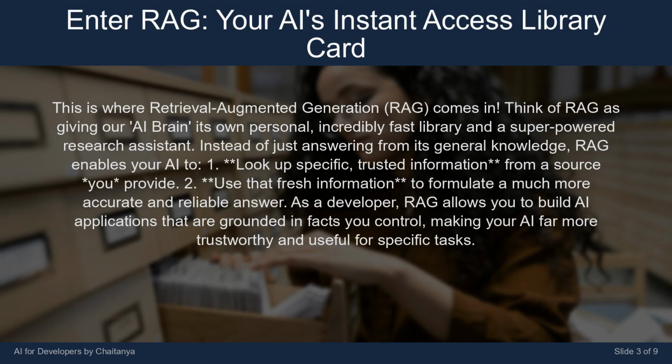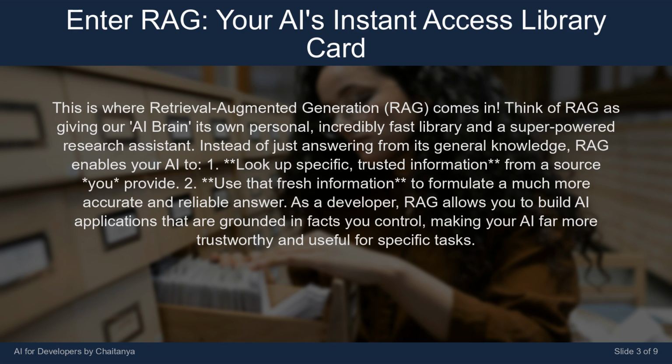This is where Retrieval-Augmented Generation, RAG, comes in. Think of RAG as giving our AI brain its own personal, incredibly fast library and a super-powered research assistant. Instead of just answering from its general knowledge, RAG enables your AI to: 1.